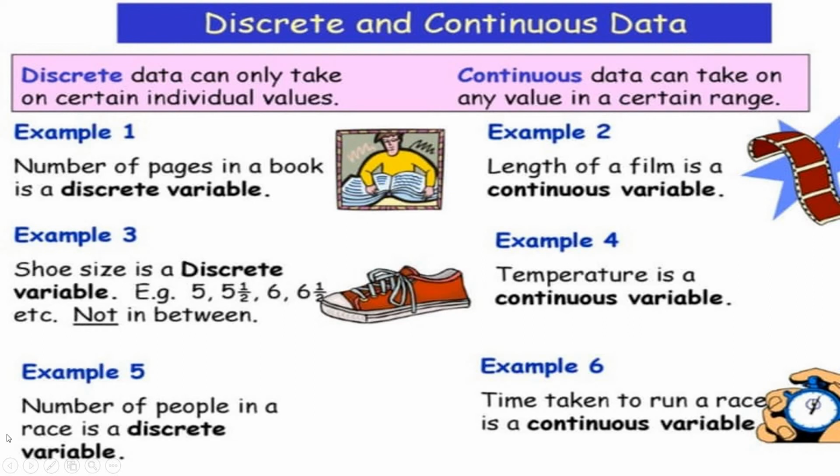The number of people in a race is a discrete variable. But when we discuss continuous, the length of a film is a continuous variable, temperature is a continuous variable, and the time taken to run a race is a continuous variable. In this way we are able to understand the difference between discrete and continuous data. I hope that, my dear students, you were able to understand.